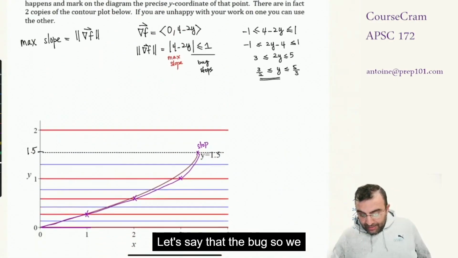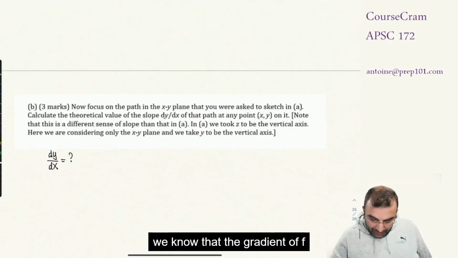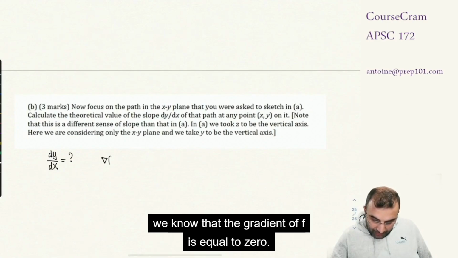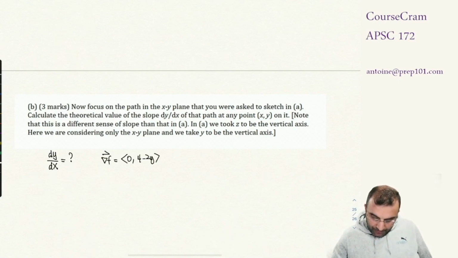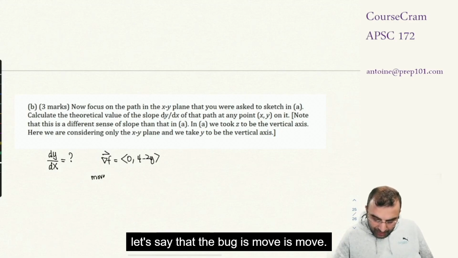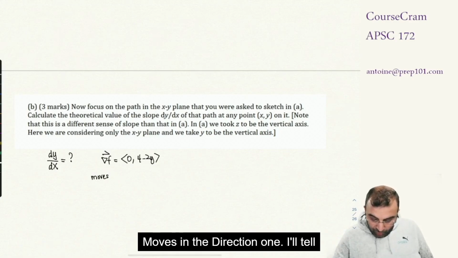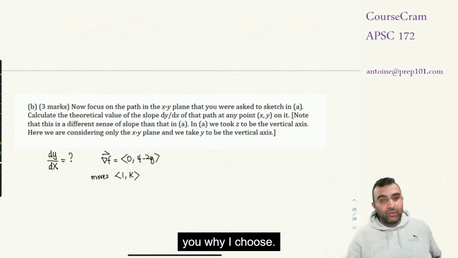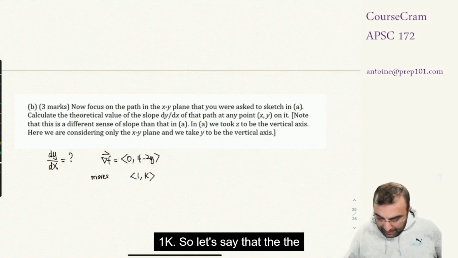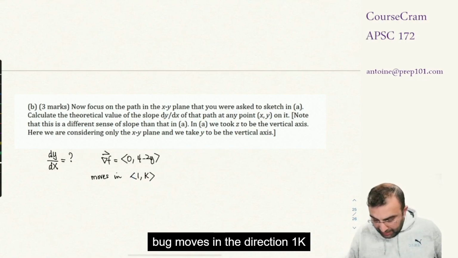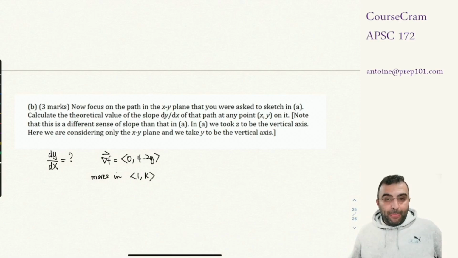Let's say that the bug, so we know that the gradient of f is equal to ⟨0, 4 − 2y⟩. Let's say that the bug moves in the direction ⟨1, k⟩. I'll tell you why I chose that.